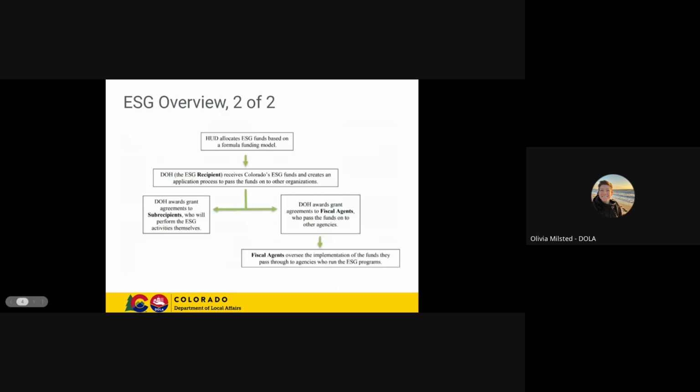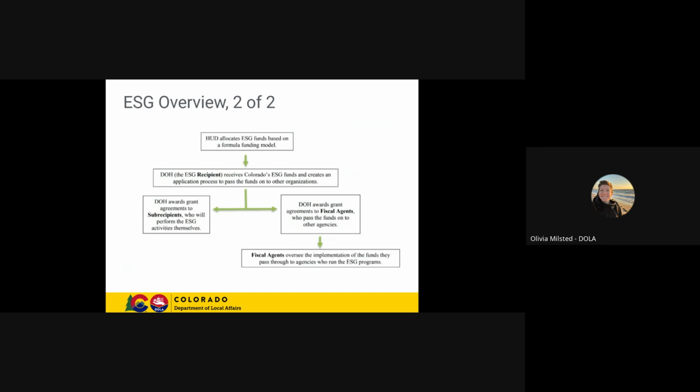So the way the funding flows, in order for us to get dollars to the agencies who are serving folks directly, HUD allocates ESG funding to recipients, which could be state or local communities. So in Colorado, HUD funds the Division of Housing, which is a branch underneath the Department of Local Affairs, better known as DOH.